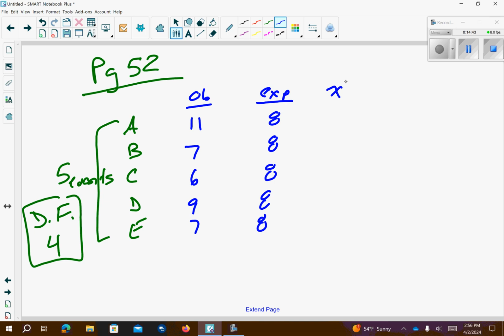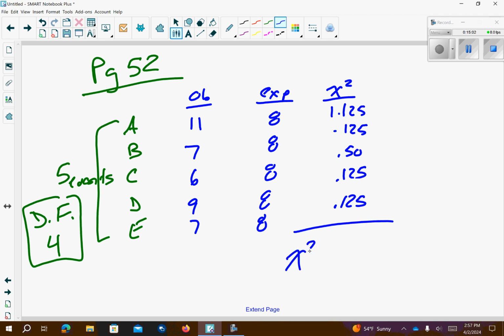And then they already did the math for the chi-squared. They came out to 1.125, 0.125, 0.50, 0.125, and 0.125. Do I have them all? Did I forget any? 1, 2, 3, 4, 5. I was just off. And then the sum of our chi-squared is going to come out to 2.0.